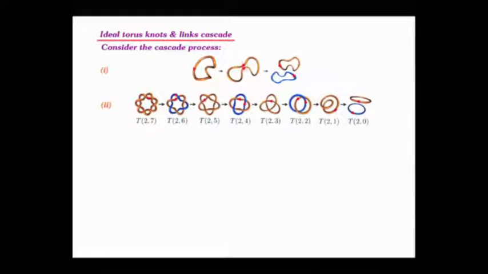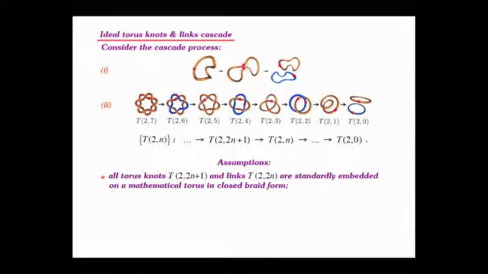So I stay within that class, and I assume that going from a torus knot to a link, to a knot to a link, etc., only one reconnection takes place. Moreover, I don't even care, of course I do, but I don't even care in this approach what kind of reconnection is taking place. I'm just assuming there is a reconnection, that's it. I don't know if it is anti-parallel, parallel, etc.